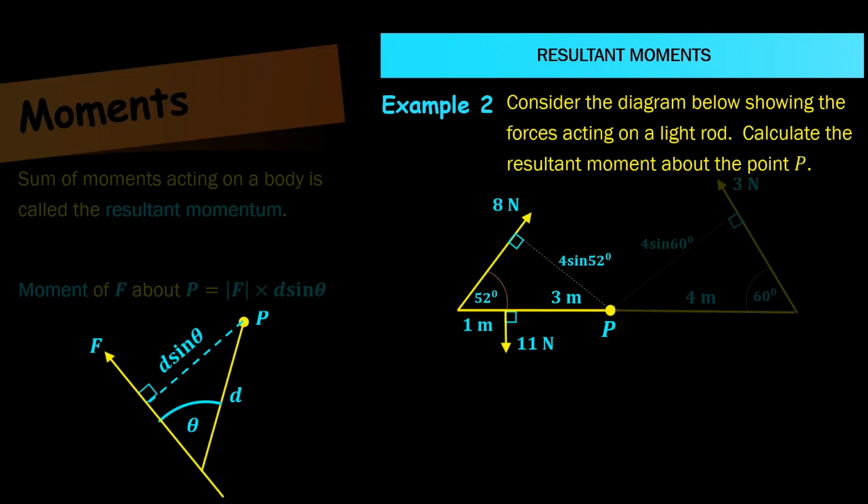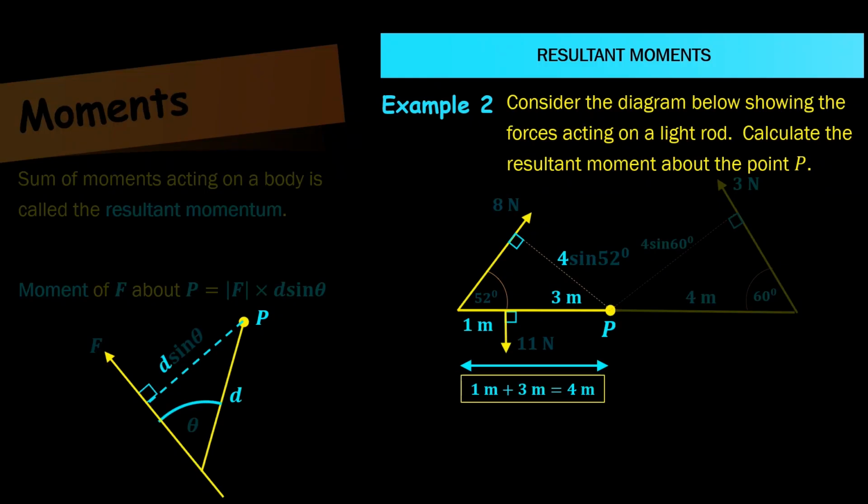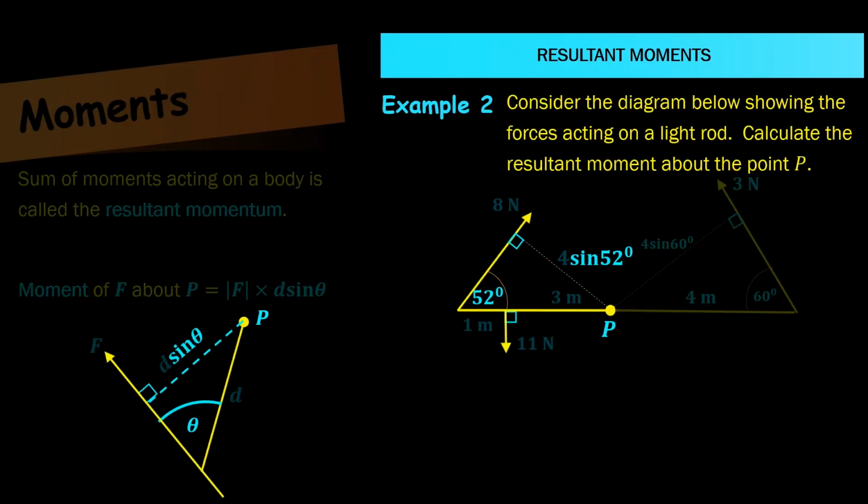Now let's consider the 8 Newton force. The perpendicular distance equals 4, in other words 1 meter plus 3 meters in this scenario, times sine 52 degrees. And here's the situation for the 8 Newton force.